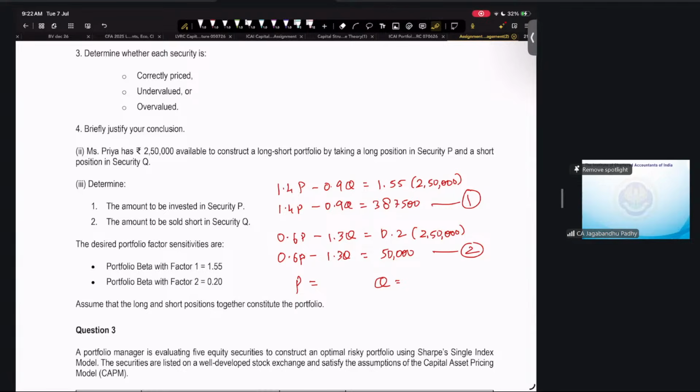Are you able to solve it? Solve them simultaneously.